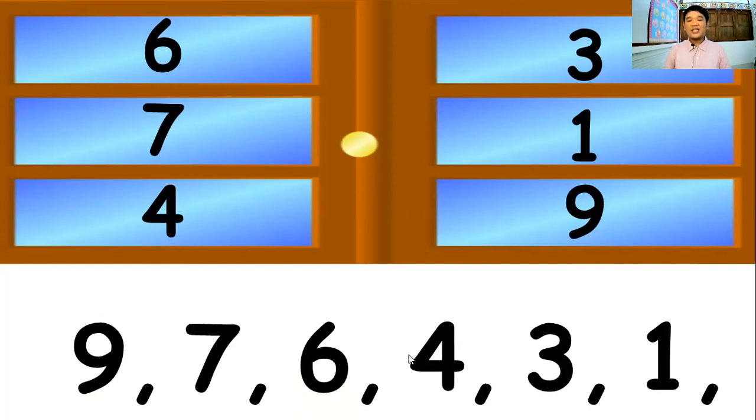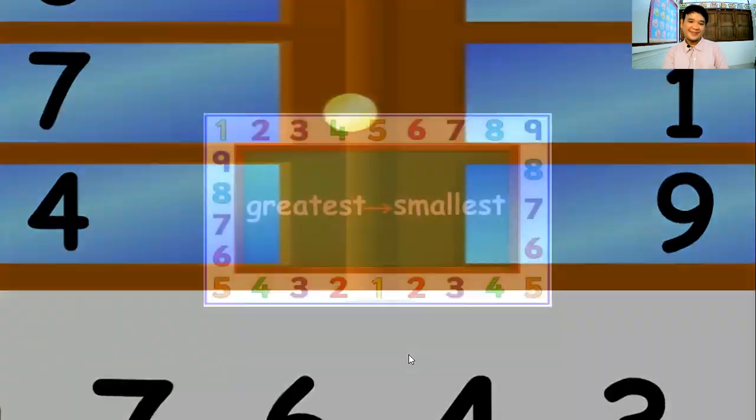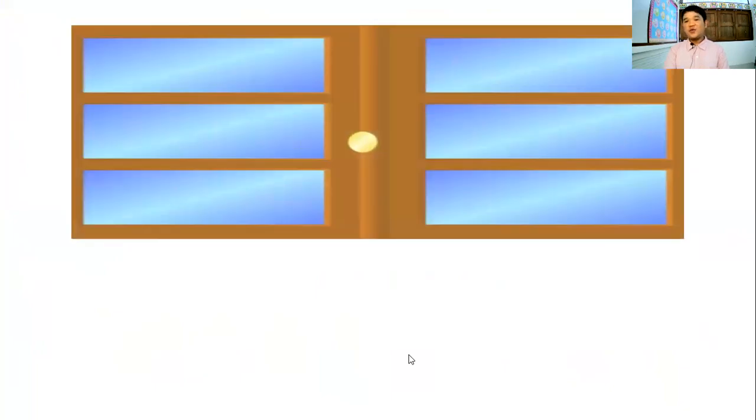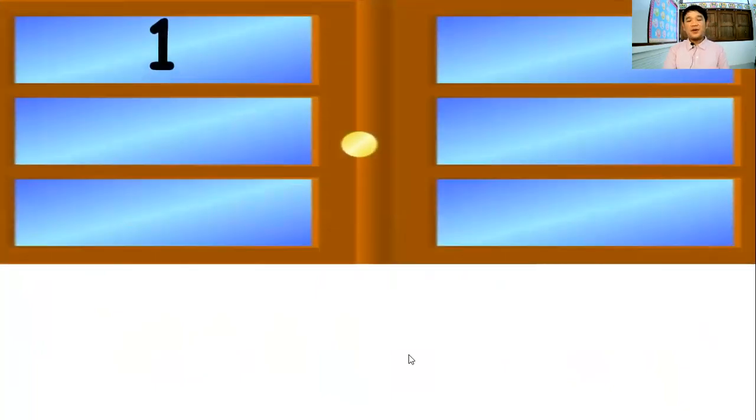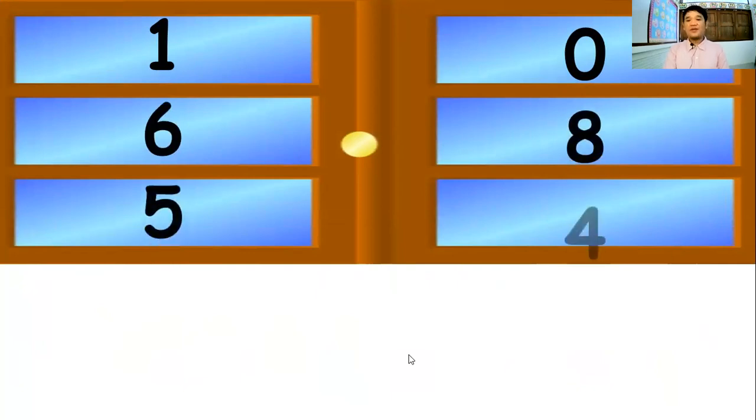Okay, another one. Greatest to smallest. The given numbers are the following: 1, 0, 6, 8, 5, and 4. Now, let us order the numbers from greatest to smallest. Which of the following is the greatest number? Very good.